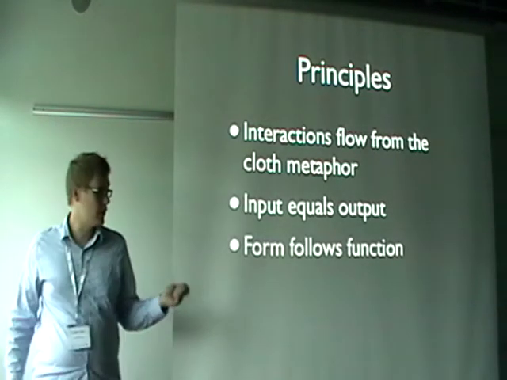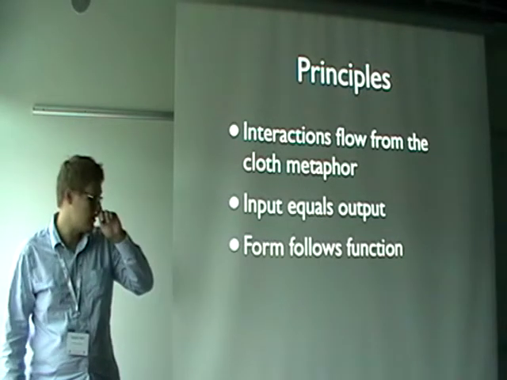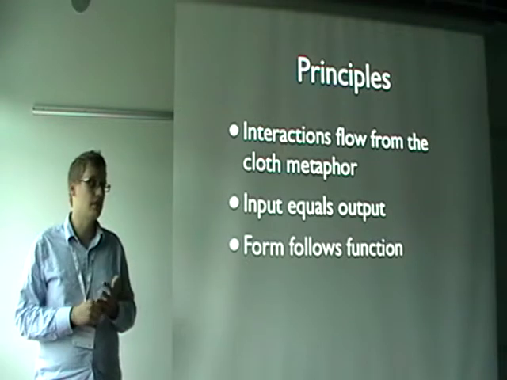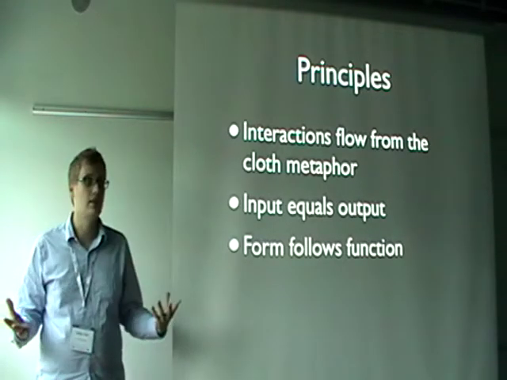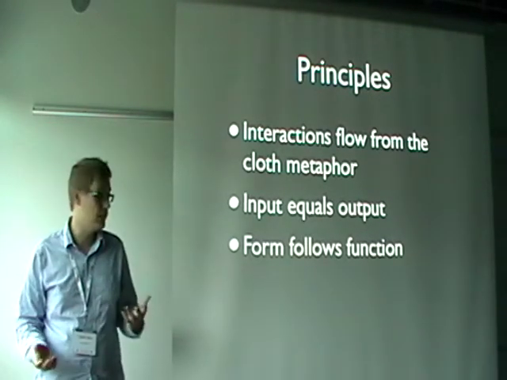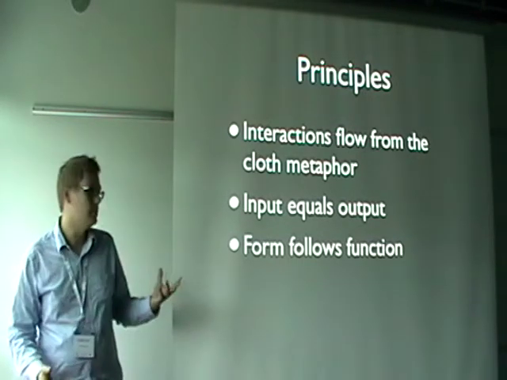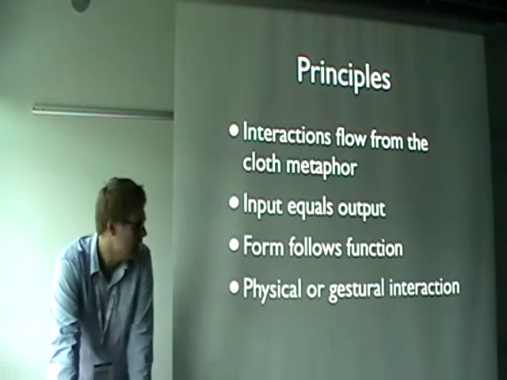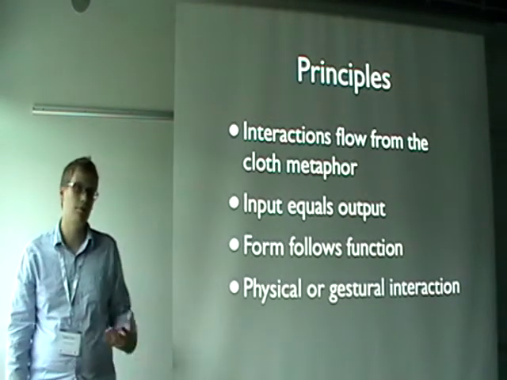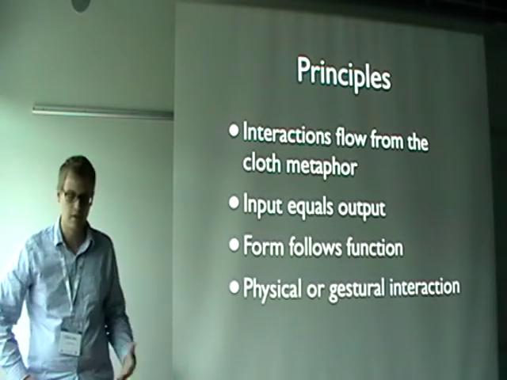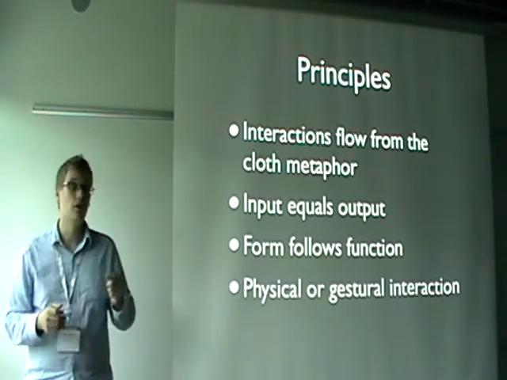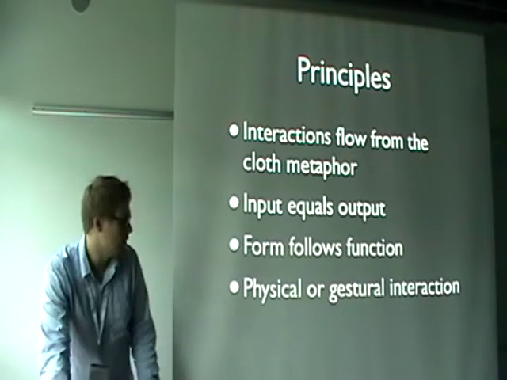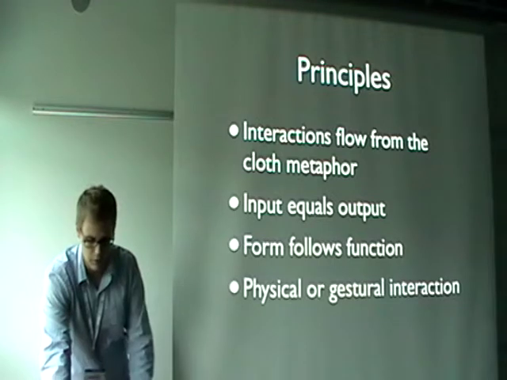Third, form follows function, which is a little bit of a tongue twister, but this essentially means that the form of the cloth itself conveys a ton of information, and so the act of draping the cloth over an object has all this inherent information in it, and that can lead us in a lot of interesting directions in terms of the function for the interface. And then finally, we decided to allow for physical or gestural interaction in our studies, and so that meant both real manipulation of the cloth as well as remote gestures near or above the cloth for some of the stuff we were doing.